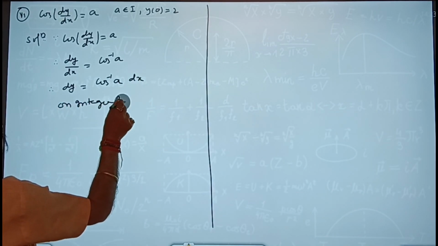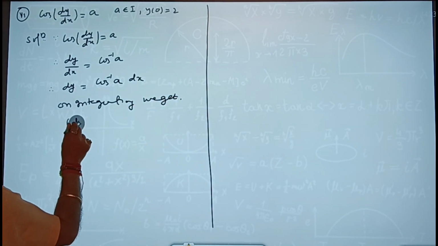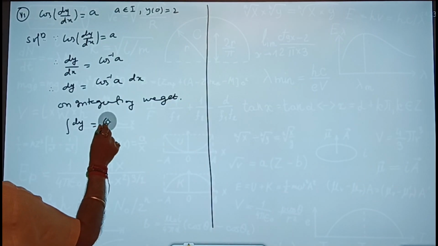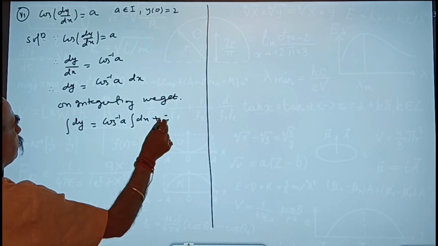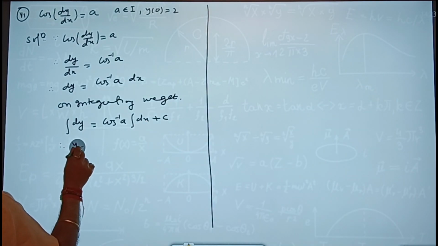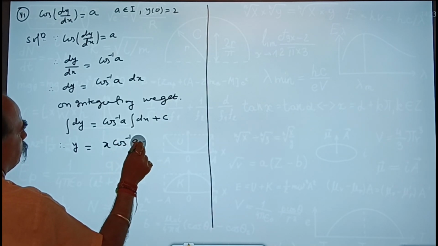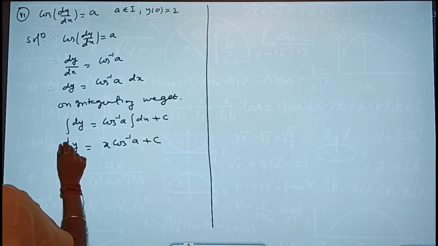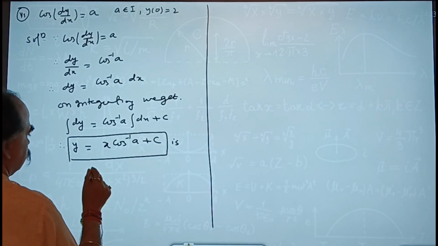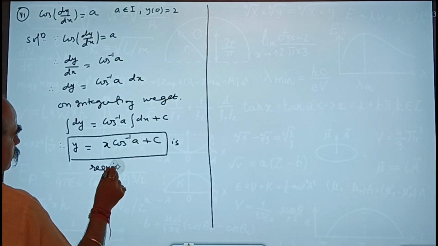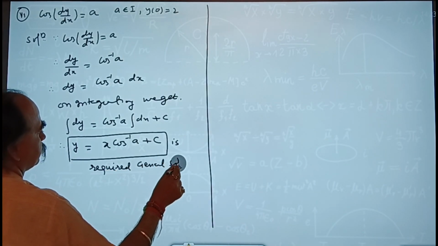On integrating, we get integral dy is equal to cos inverse a; cos inverse a is constant, take outside, integral dx plus c. So y is equal to x cos inverse a plus c is a required general solution.